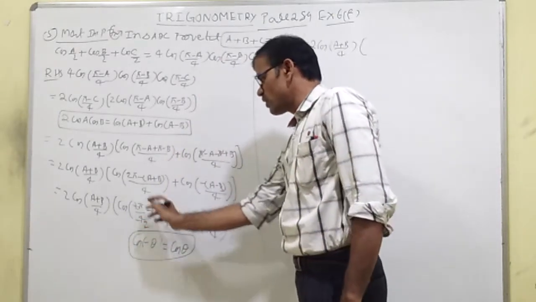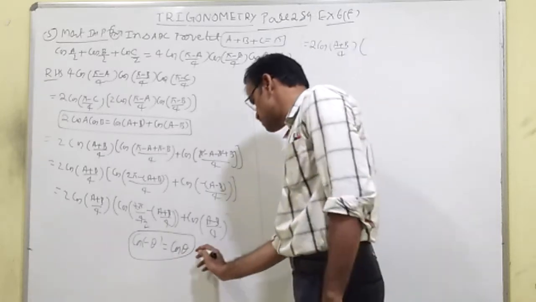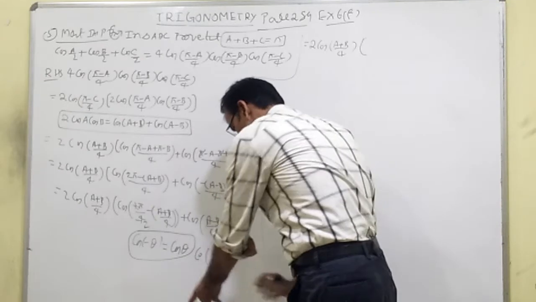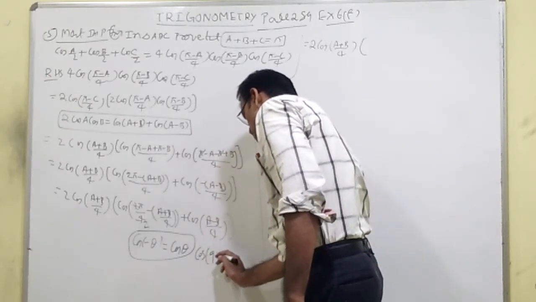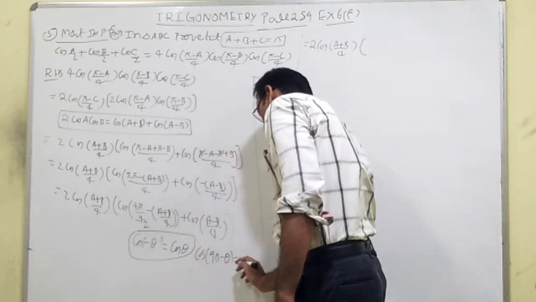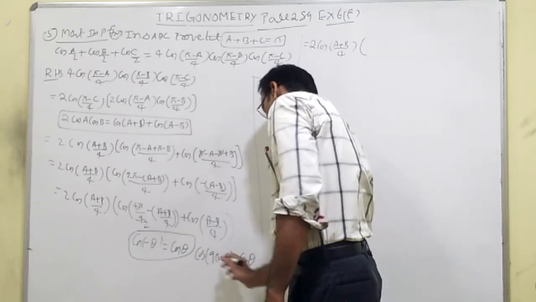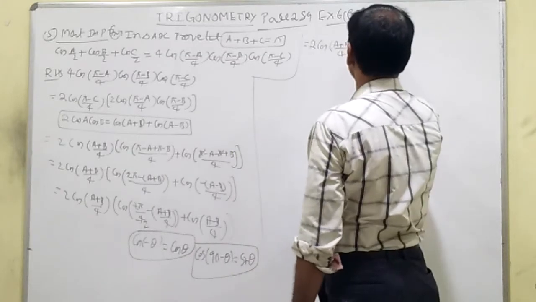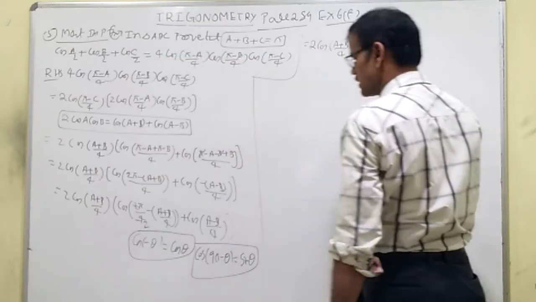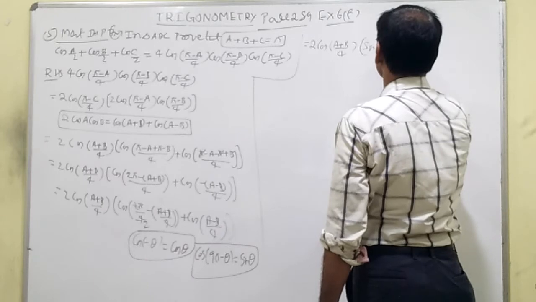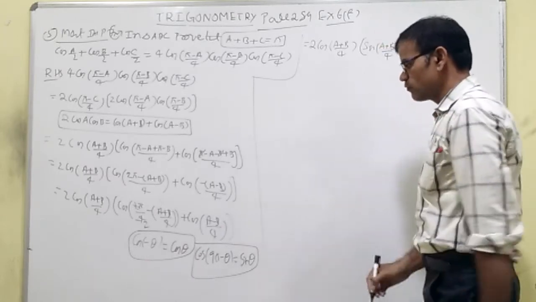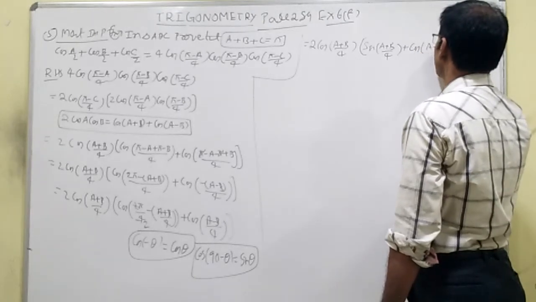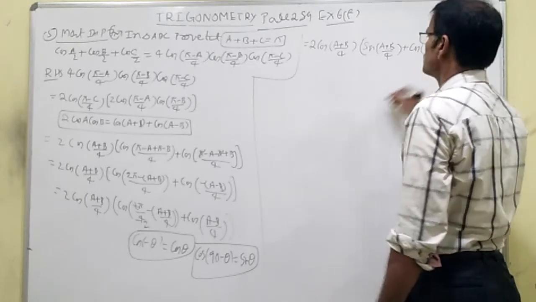Now apply the formula cos of 90 minus theta is sin theta. So 2 cos of A plus B by 4 into sin of A plus B by 4 plus cos of A minus B by 4.